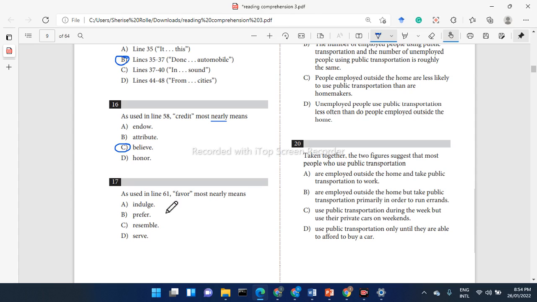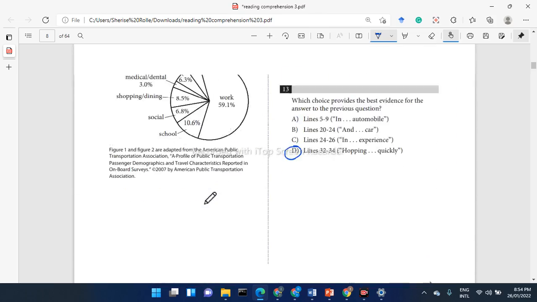Mr. Isaac, doesn't credit mean giving someone the credit they deserve for doing something? So you would have to attribute to do something like that. Remember, that's why it's very important to look at context clues.